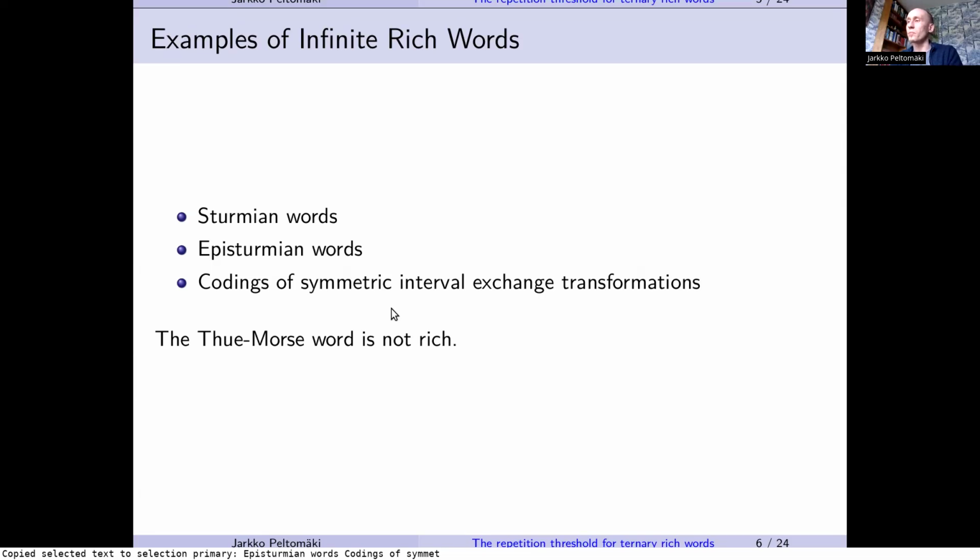They are also known to be rich. By the way, it's usually not that trivial to prove that an infinite word is rich, so all of this information requires some work to prove. Whereas it's easy to check that the Thue-Morse word, for instance, is not a rich infinite word.